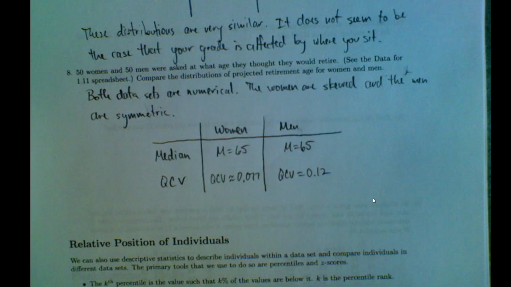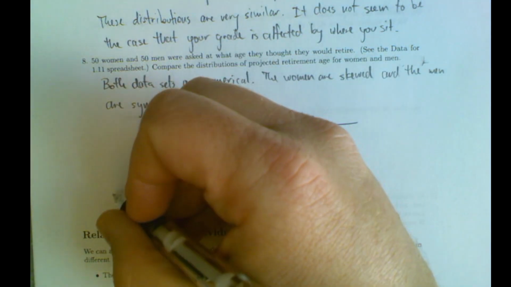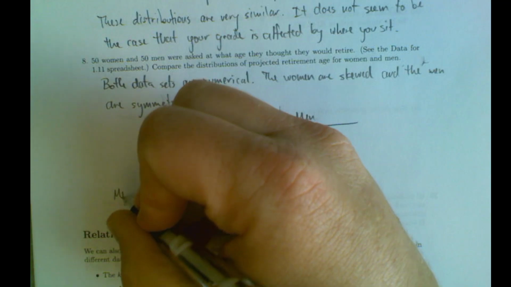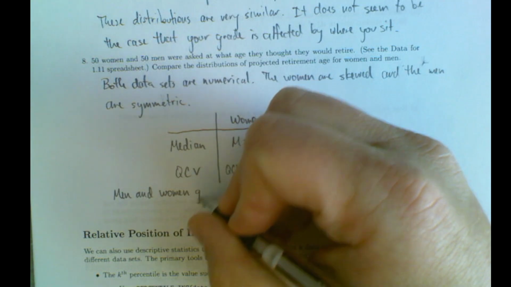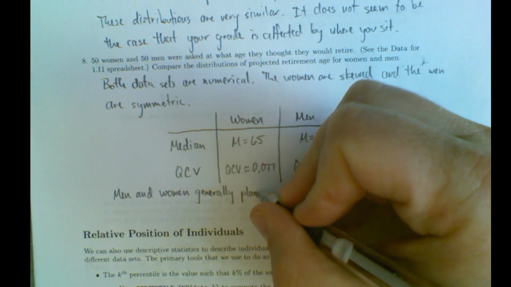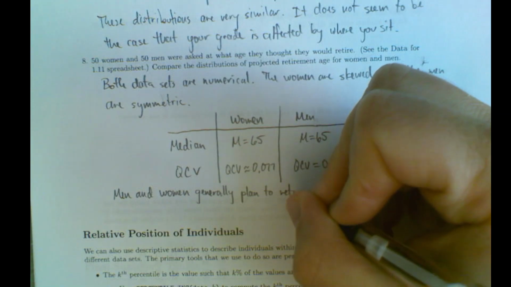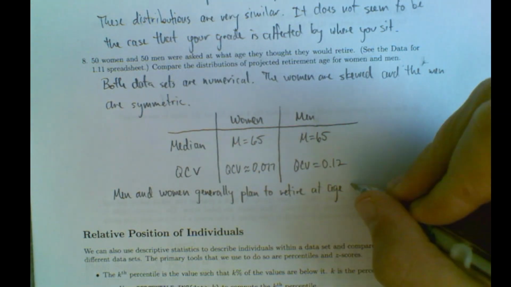Okay, and just to give a little summary of that, I would say men and women generally plan to retire at age 65.